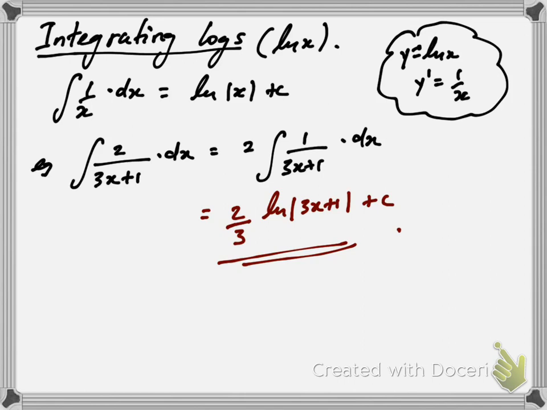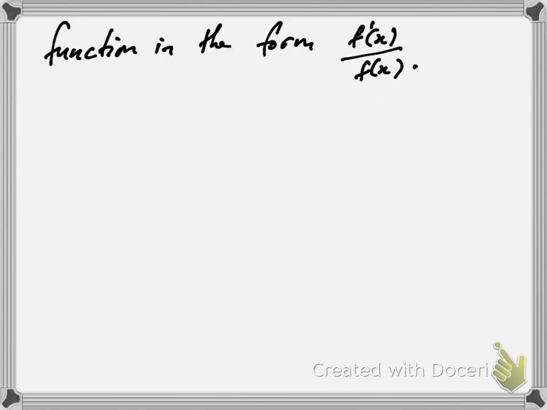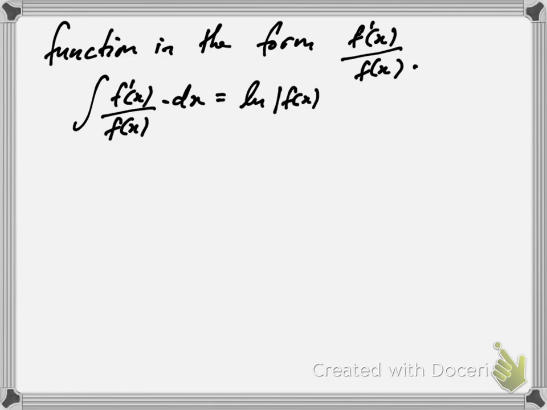Okay, we will still continue with the ln function, looking at the case where you have a derivative-type function on the top divided by the original function, for example f dash of x over f of x. The rule is that if you have f dash of x over f of x dx, you end up with ln of f of x plus c.